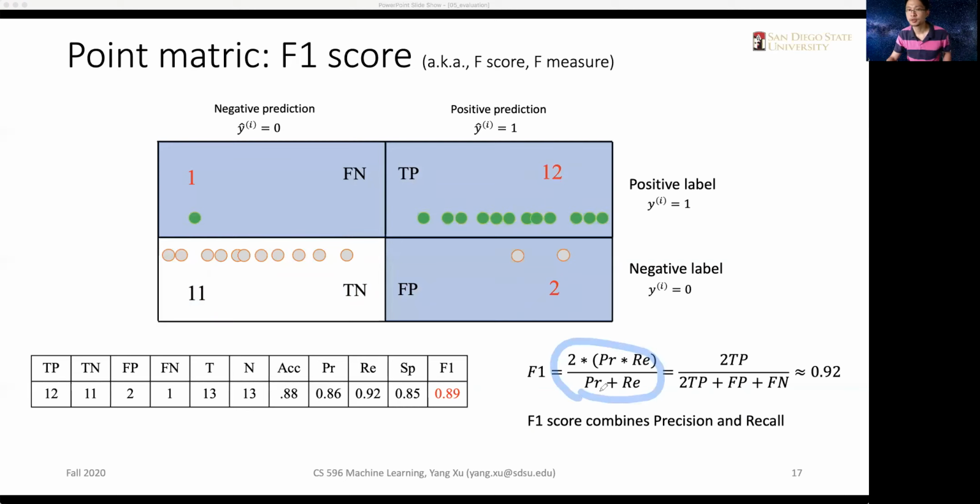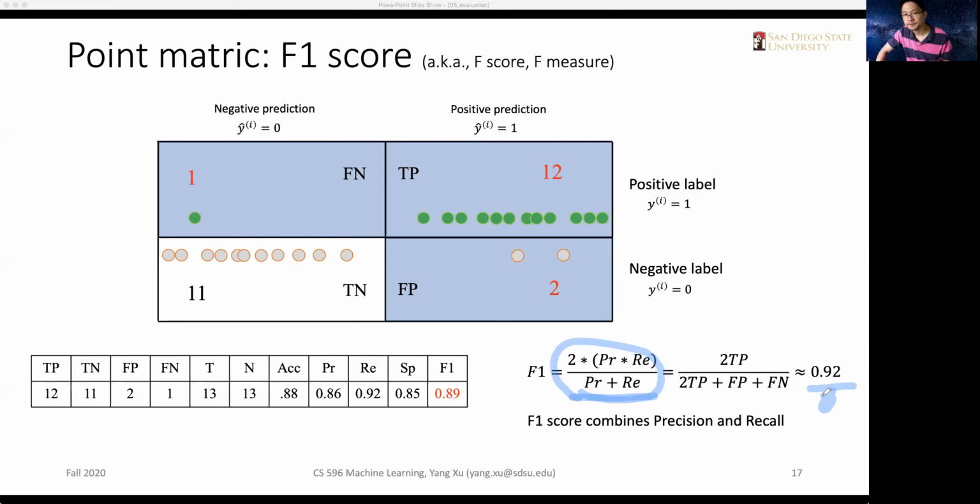We simply use the product of precision and recall, times 2, divided by the summation of precision and recall. That is a more balanced score because it considers both precision and recall.